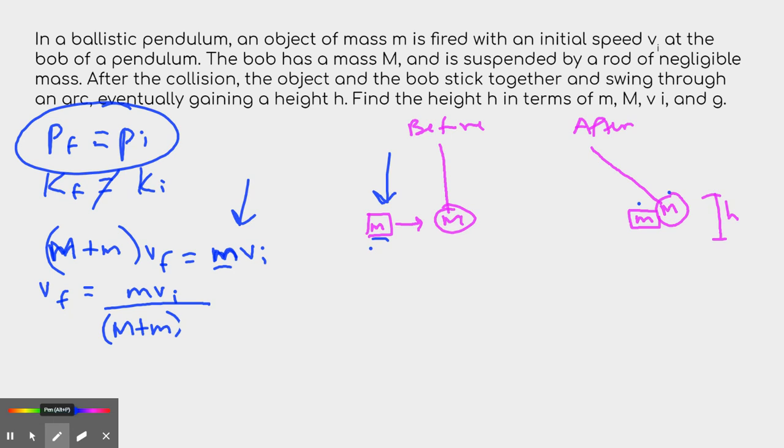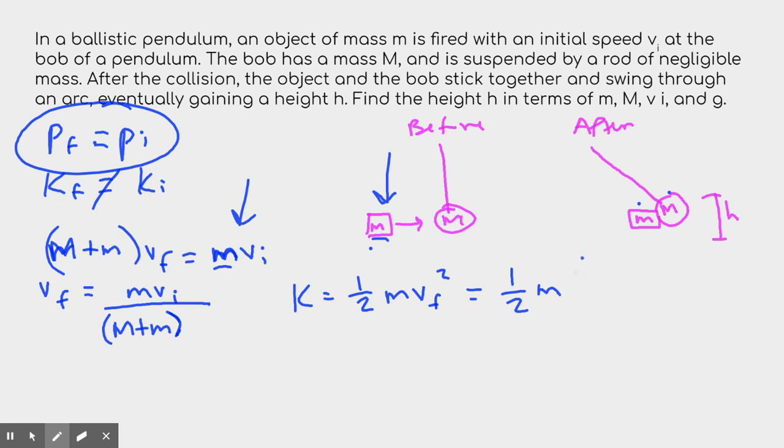We need the final velocity so that we can use that to solve for our kinetic energy. We know they're not the same, but kinetic energy is equal to 1/2 m v final squared. Well, we just figured out what v final is. Yes, it's just with variables, but we still know. So let's plug in what we know, and be careful here so you don't accidentally miss a variable.